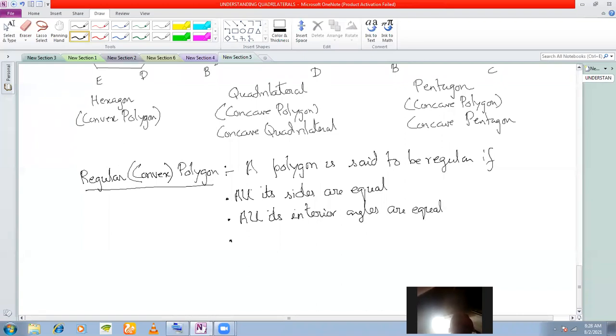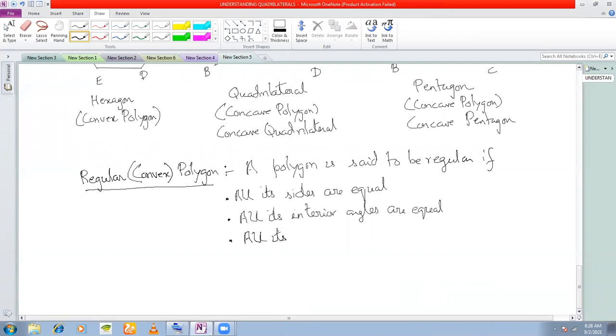And third is all its exterior angles are equal. Okay. So three conditions are there for you to call the polygon regular. All the sides must be equal. All the interior angles must be equal. All the exterior angles must be equal.